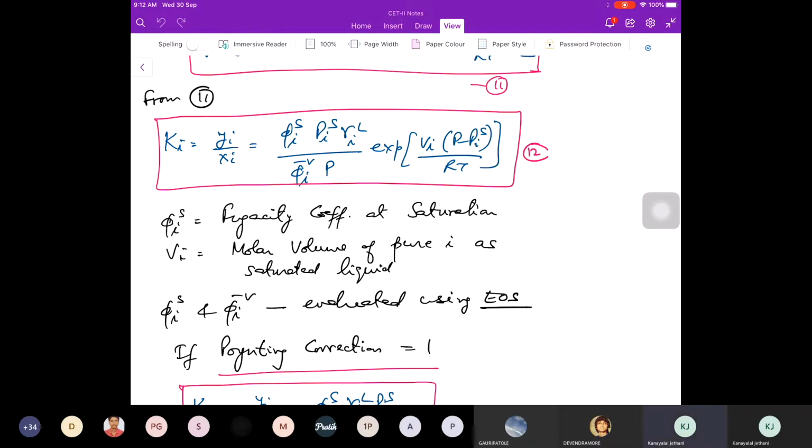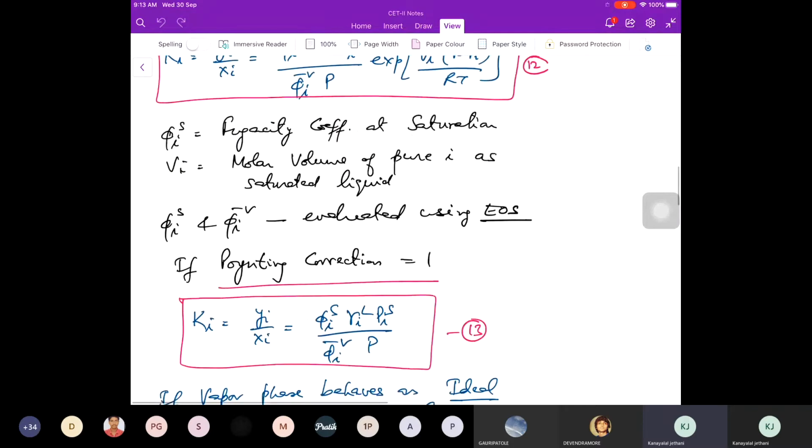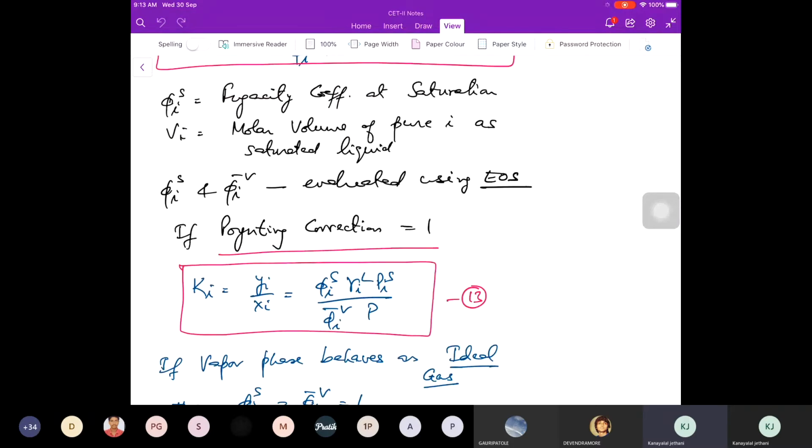When can we assume that the Poynting correction factor is equal to 1? नहीं याद है किसी को? When the pressure is not high.